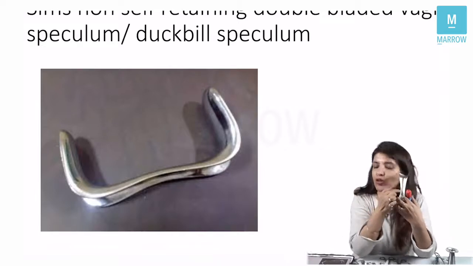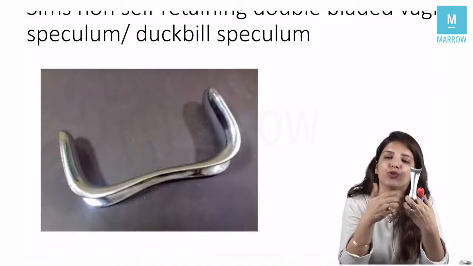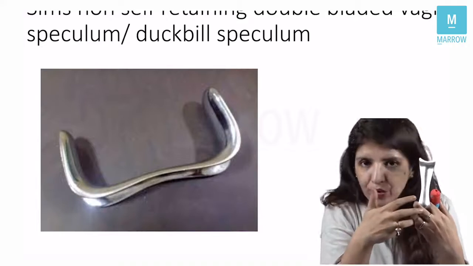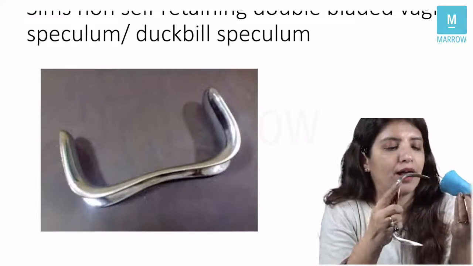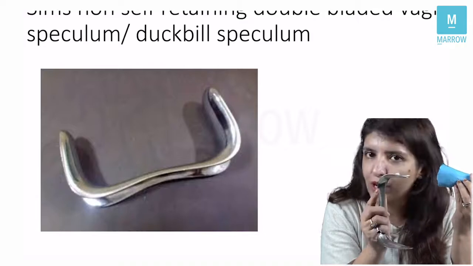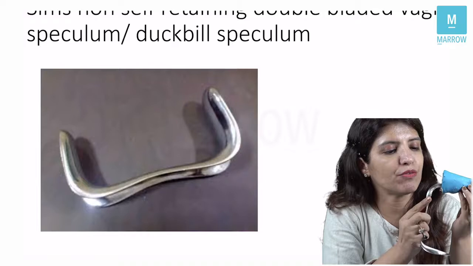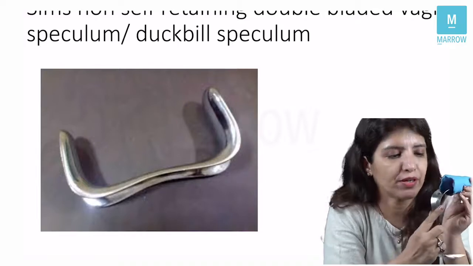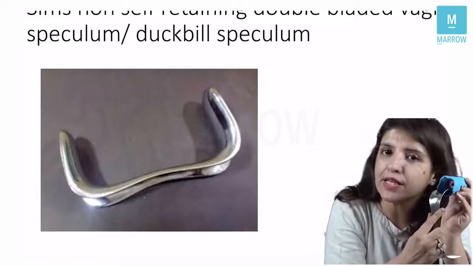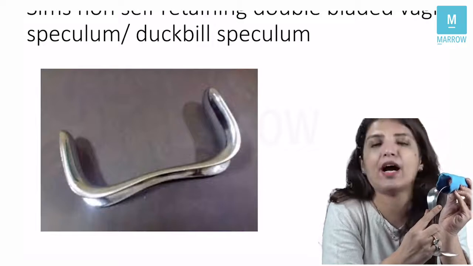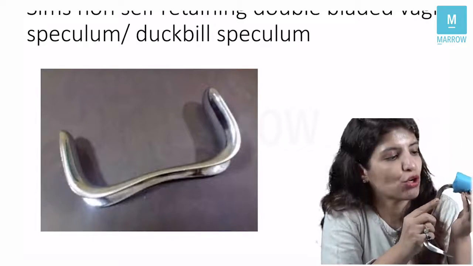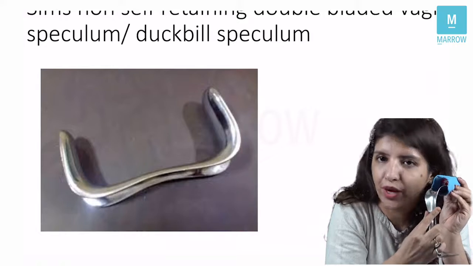Now, this groove in the blade is for the drainage of any discharge, right? Now, this is a posterior vaginal wall retractor, so I am going to retract the posterior vaginal wall with it, like this. Since it is non-self-retaining, I will have to have an assistant to hold it, right?